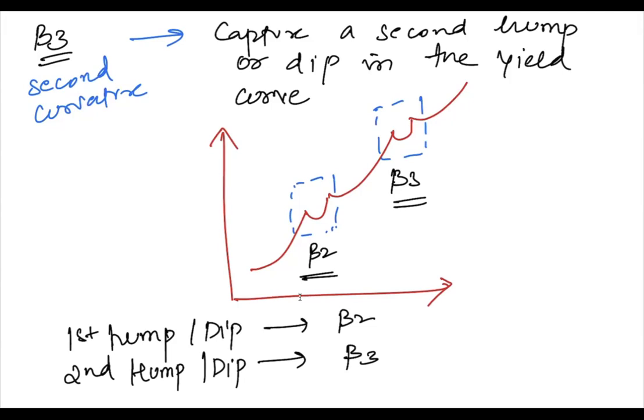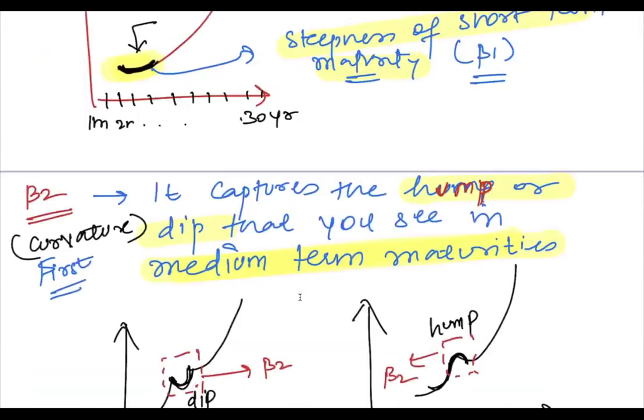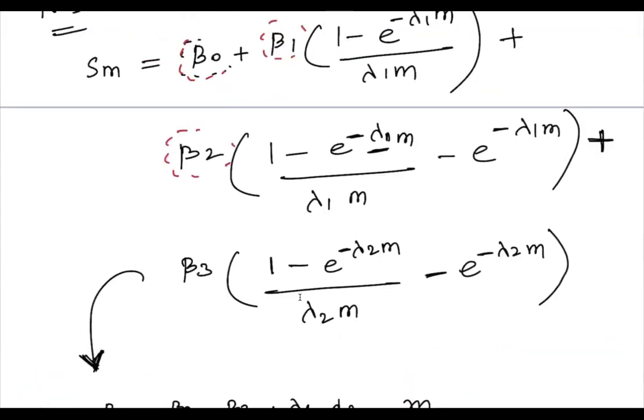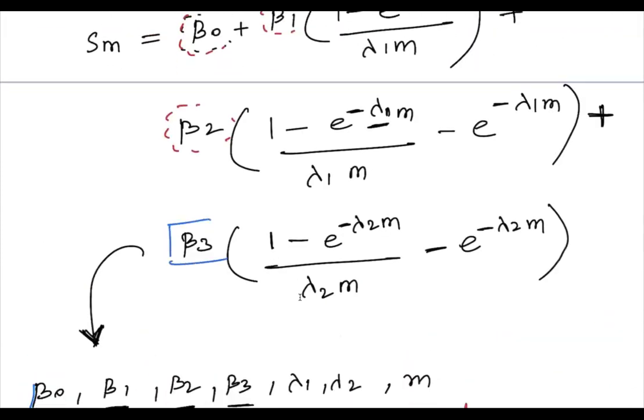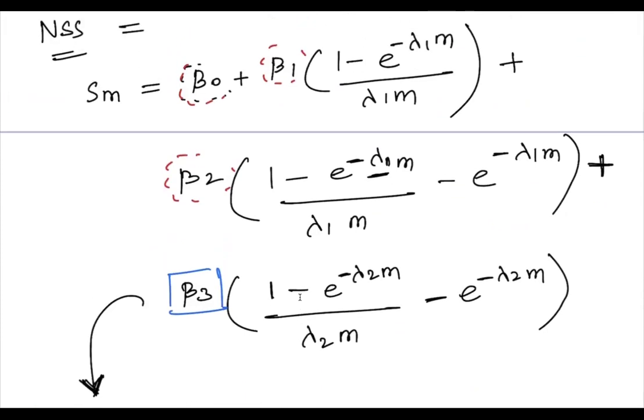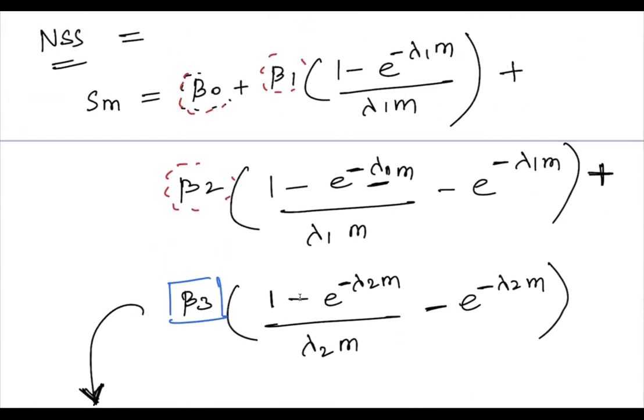So I hope this helps you understand how the Nelson Siegel Svensson model was better than Nelson Siegel, because in the Nelson Siegel model there's this extra term, which is lambda 3 beta 3, sorry, my bad. In the Nelson Siegel Svensson model, this was the extra term.